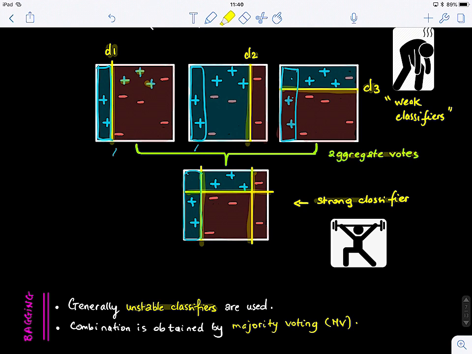The concept of bagging might not work well when all of them are good, all of them are strong and perform well. So what's the point? If you're aggregating a bunch of weak learners, bagging works very well. It boosts the performance of each of those weak learners if they were to be used independently. Also the combination is obtained by majority voting.